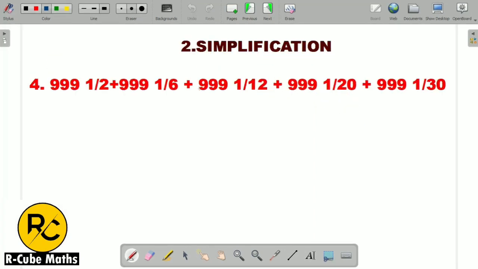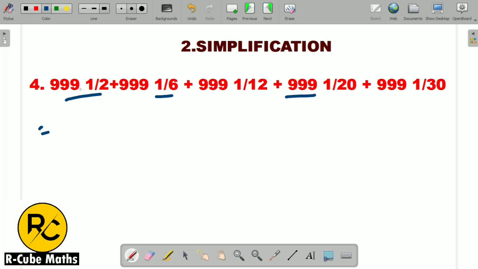Question on simplification. So what is the given question? 999 1/2 plus 999 1/6 plus 999 1/12 plus 999 1/20 plus 999 1/30. So this can be simplified like this.